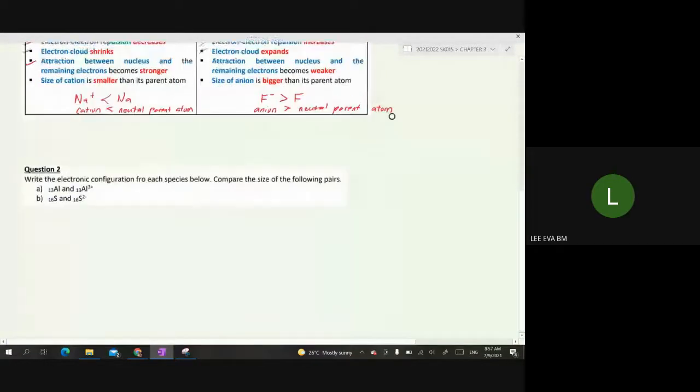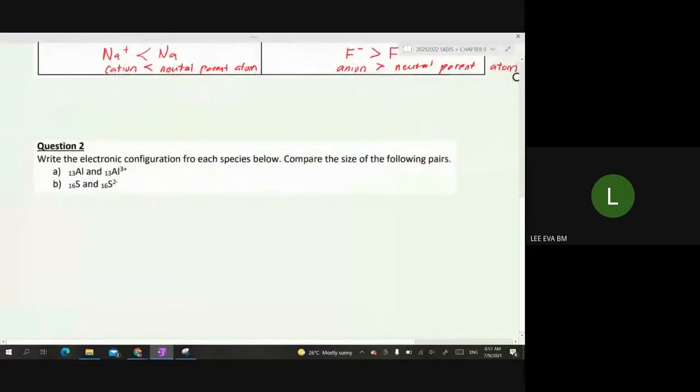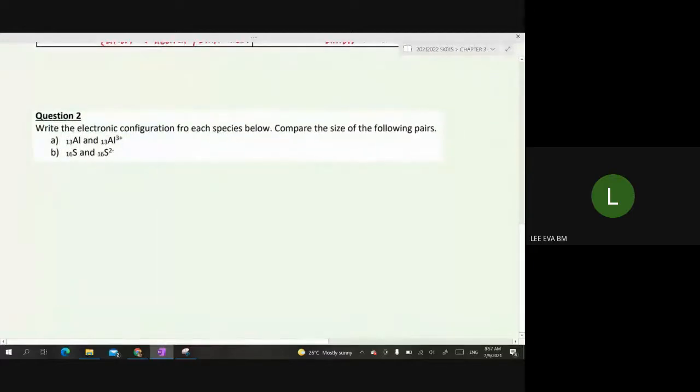So let's look at these questions. Write the electronic configurations for each species below. Typing error. Compare the size of the following pair. So kalau madam tak tulis, boleh ke awak bagi tahu madam mana satu species dia lagi kecil? Kalau untuk A, Al ke Al3+?